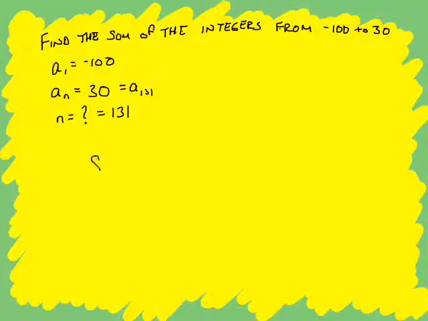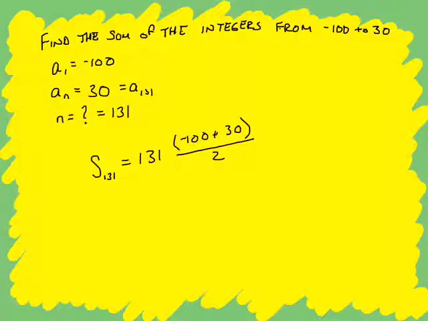So if we took the sum of our 131 terms, and clearly with 131 terms, you don't actually want to spend a lot of time adding them all up. It's nice to have a formula for that case. We could take our 131, we can take our negative 100 plus our 30 and divide it by our 2.